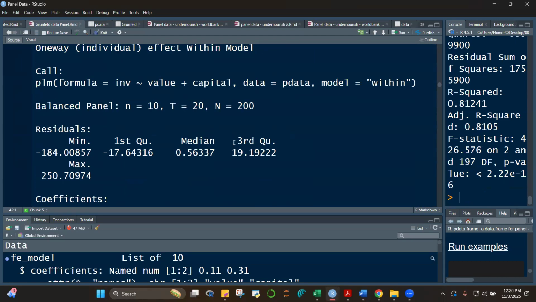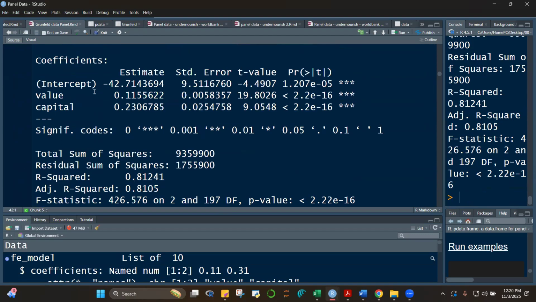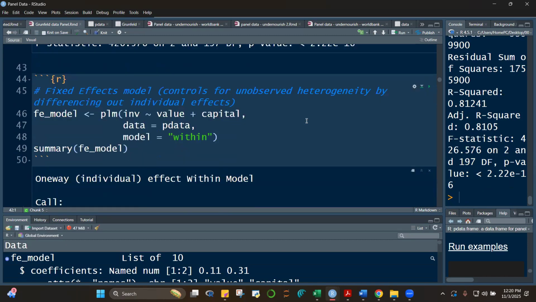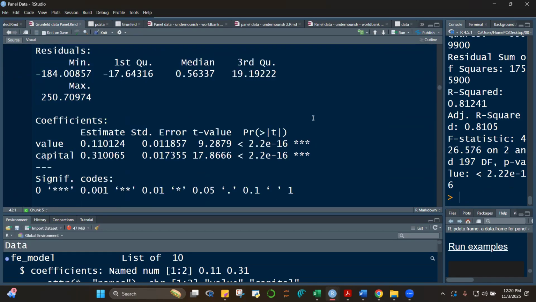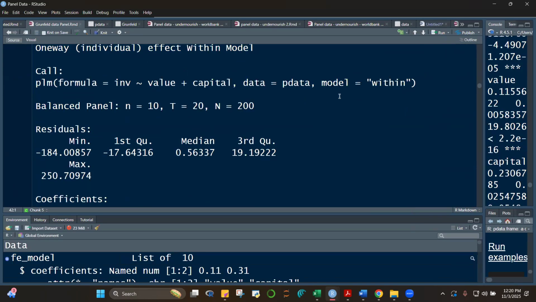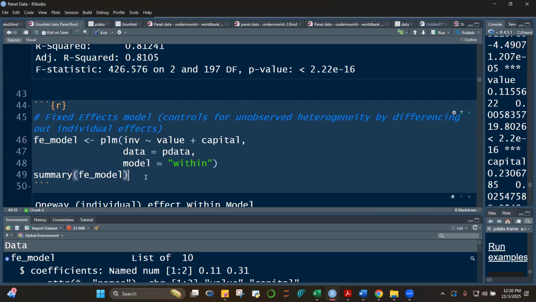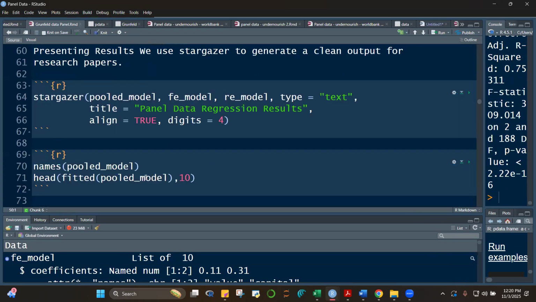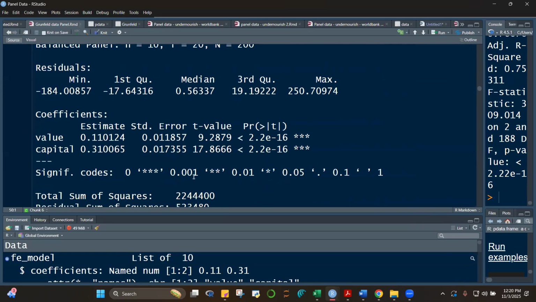All right, this is our pooled OLS, 0.1155, 0.2306, and there's an intercept. For our fixed effects, okay, let me rerun this summary. Okay. The intercept is gone, class. 0.11 and 0.31, and the estimates are different, class. The estimates are different now, no?